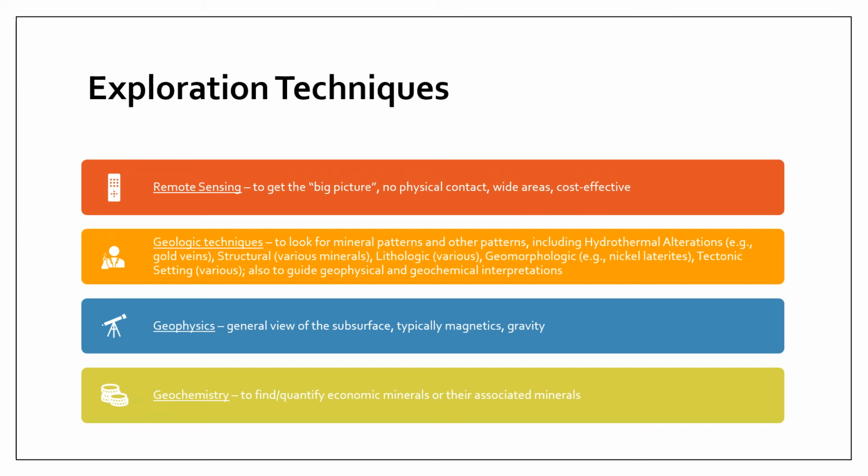And then the next are your geologic techniques, like geologic mapping, structural mapping, and geomorphologic mapping, and they have different applications depending on what mineral you are looking for. For example, mapping hydrothermal alterations is useful for gold exploration.